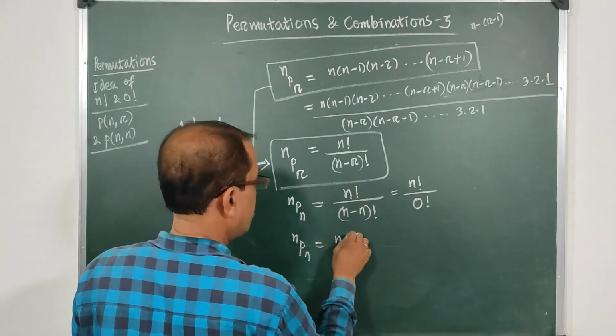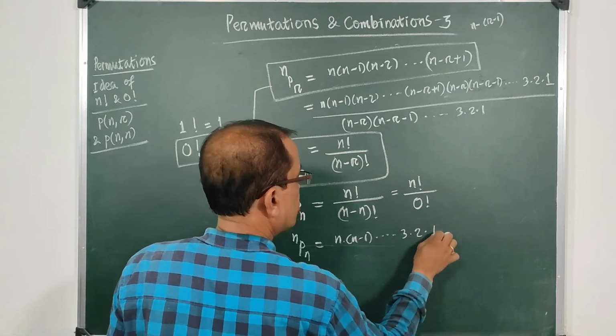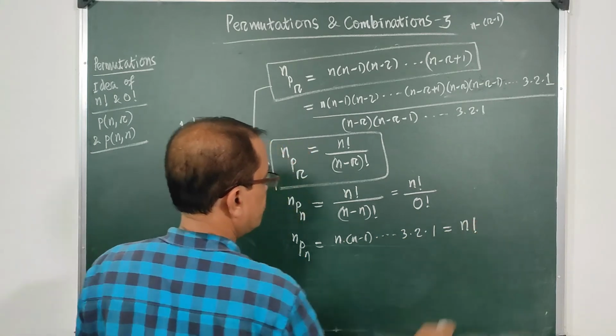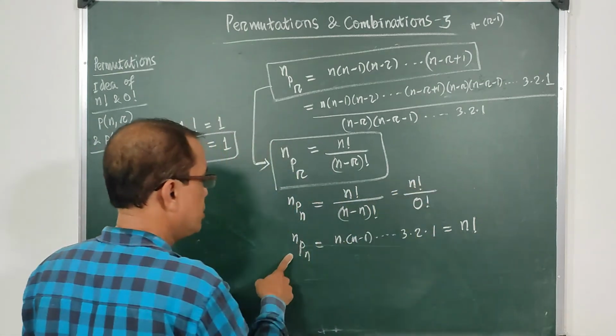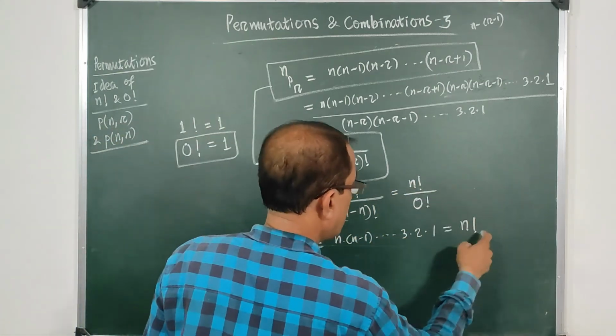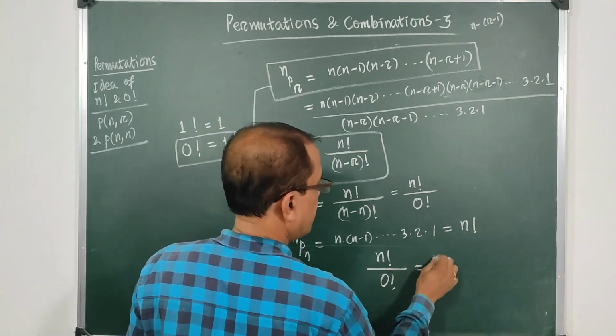So n into n minus 1 into up to 3 into 2 into 1. So this is equal to n factorial. So if NPN is n factorial by 0 factorial and NPN is also n factorial, then these two are equal. That means n factorial by 0 factorial is n factorial.